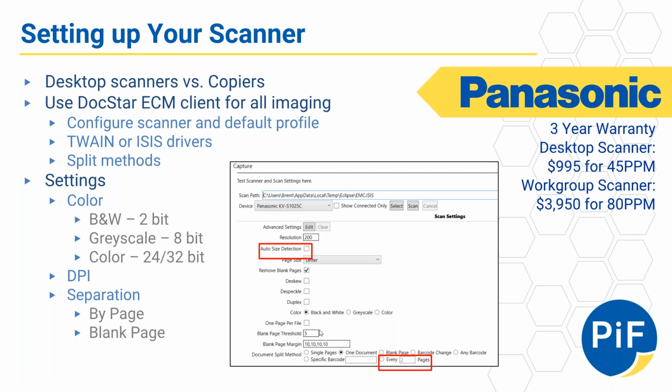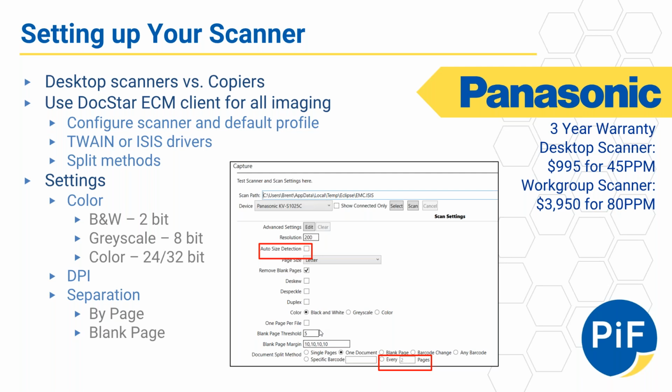So if you have a little dirty scanner, you get little dots. The higher the threshold, the more flexible it'll be. The blank page margin is, sometimes when you scan, you get a fuzzy edge or some black on the edge. So this blank page margin moves the zone of where it's looking for a blank page closer into the center of the document.